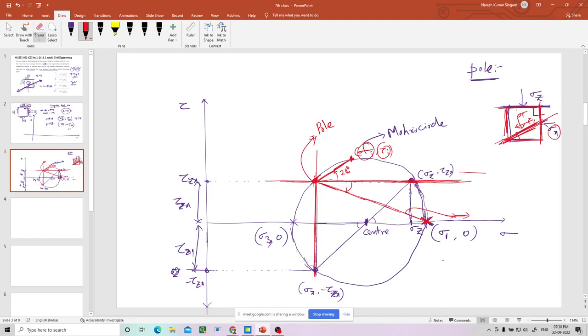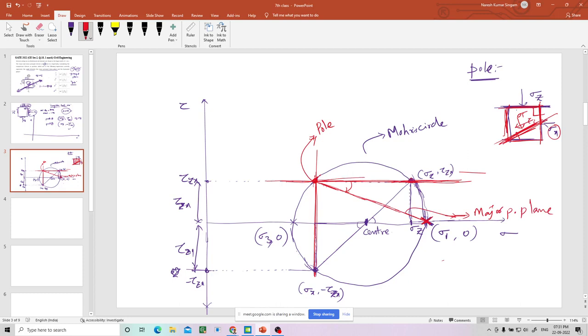So anyway, let me complete this circle first. Then what is this called? This is the major principal plane, because the pole and sigma 1 are connected together.